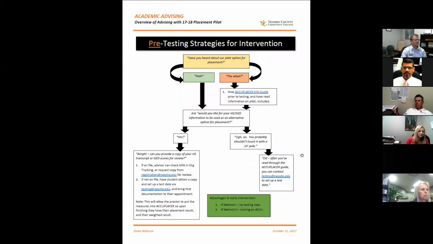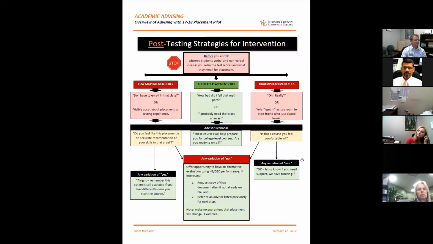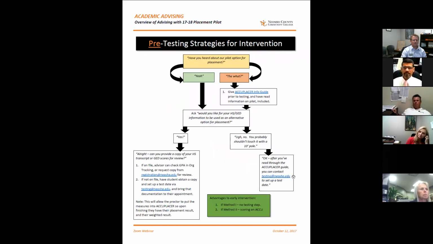At this point, though, this is a pilot, so the students have the opportunity to opt into this or use our current placement policy. So if this were something that we were to adopt as our policy, then that could change.